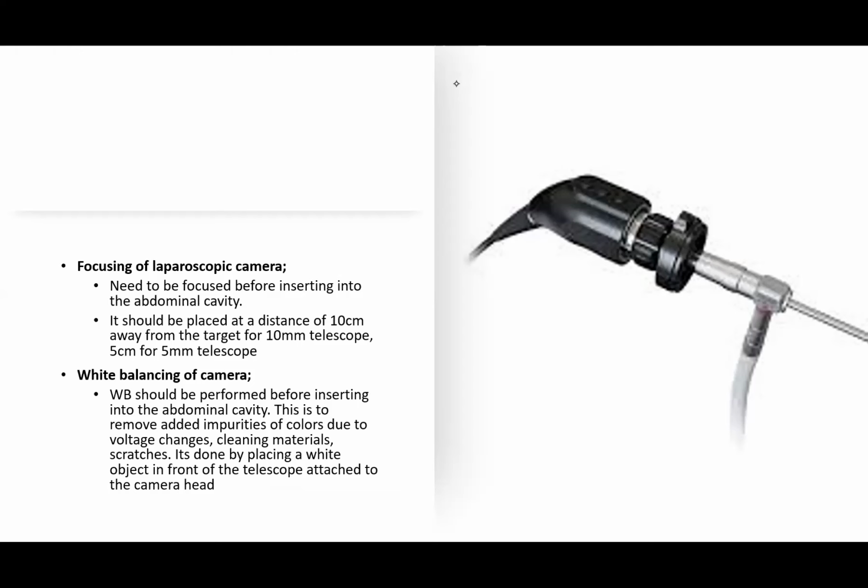Now, focusing a laparoscopic camera, okay, it needs to be focused before inserting into the abdominal cavity. It is not when you are in the abdominal cavity you try to focus. No, it is focused before introducing through the access point. It should be placed at a distance of 10 centimeters away from the target.